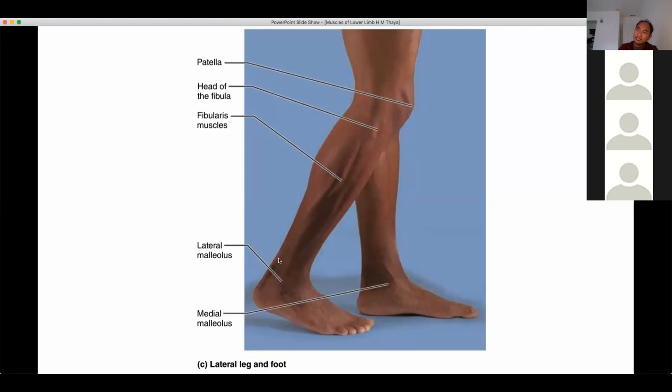You can see the Achilles tendon or calcaneal tendon in the back of our heel and behind the ankle. And you can feel the head of the fibula somewhere around here. It is a little bit difficult to feel on our own.